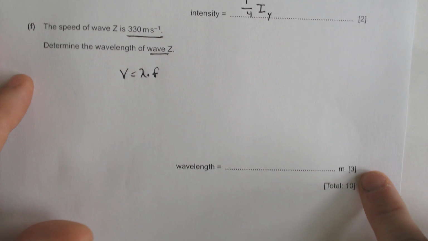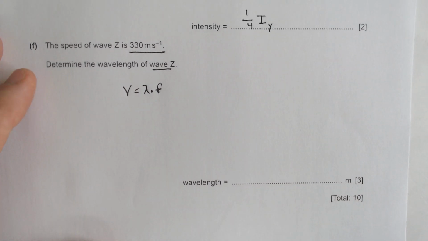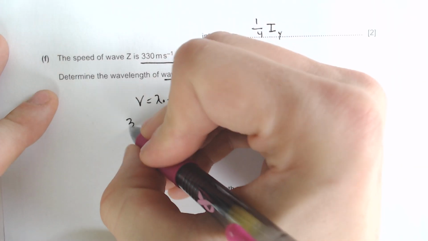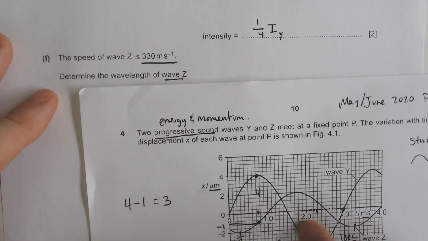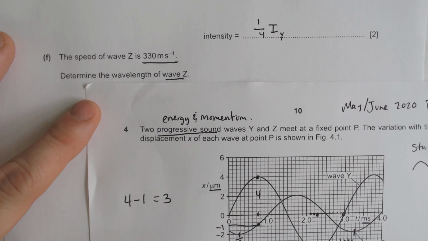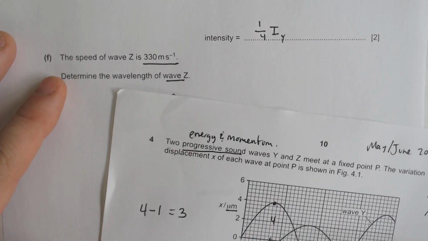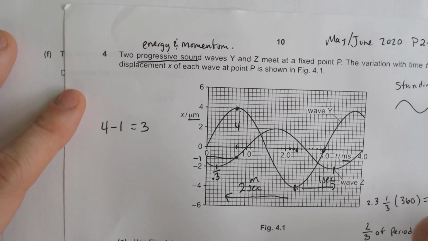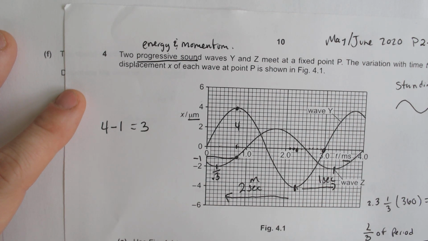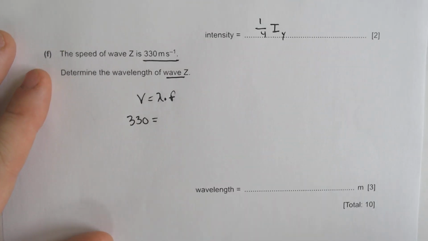So let's see. It is a 3-pointer, so maybe there's a reason why I'm a little confused. So velocity is 330. Let's just start with that. I thought by just looking at the graph that we would be able to determine the wavelength, but that's the time. That's the period. So the period is not the wavelength, but you can use the period to get the frequency. So let's also do that.